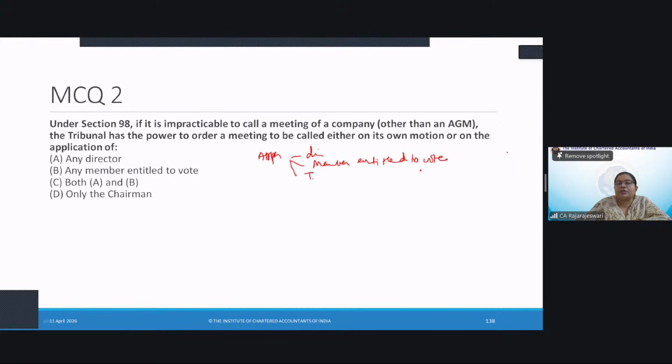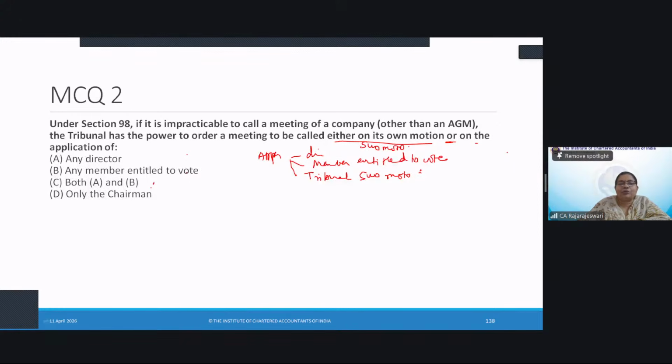Then the tribunal suo motu on its own. So the question says either on its own motion, so here suo motu is covered, or on the application of any director or any member, A or B. So the answer is both A and B.